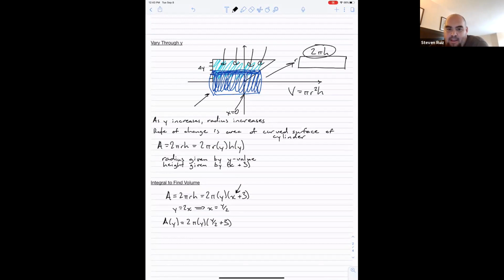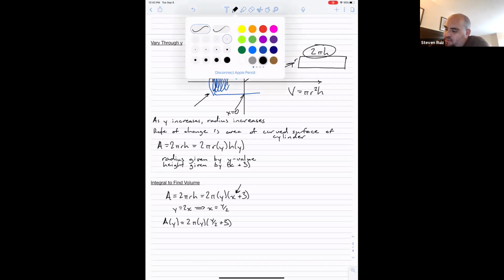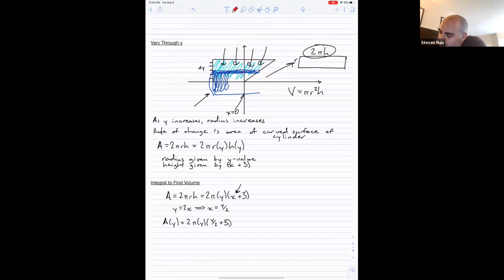Let's try this x equals 0. Let's say the cylinder was cut off. Let's use a different color for this. Let's say that I just cut this cylinder off right here. So it goes from the same left end as the other one, but it only goes as far as the y-axis.